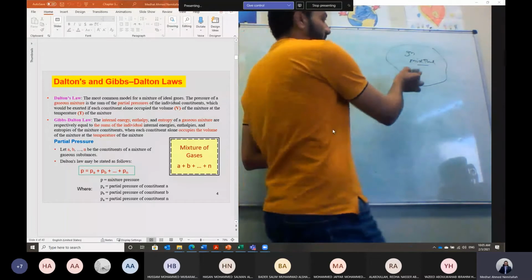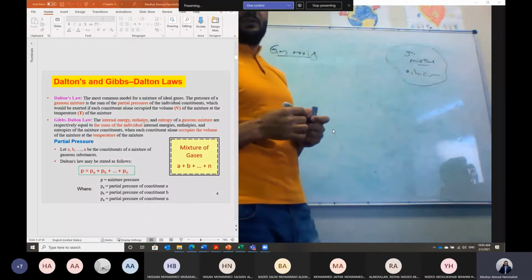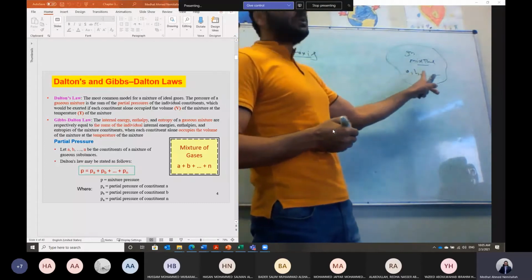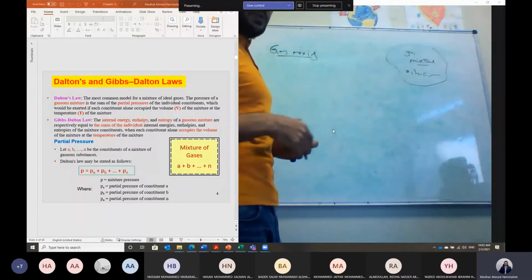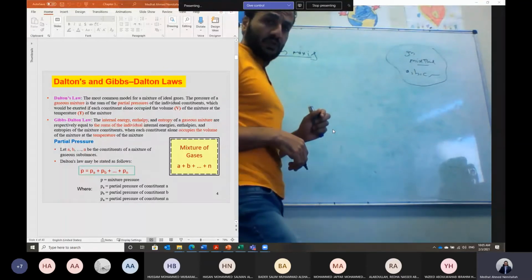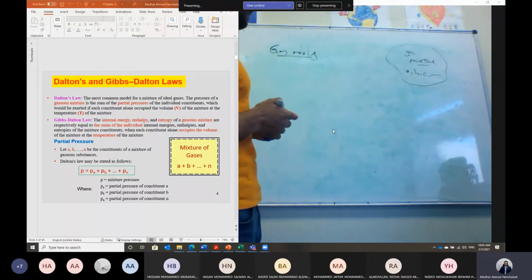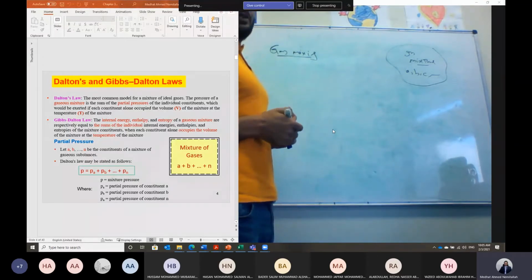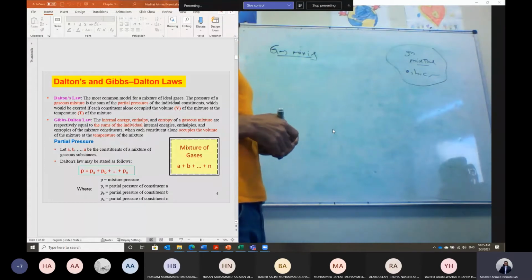So let's consider we have a gas mixture inside a container consisting of different species: species A, B, C, and so on, whatever the number of species. In order to calculate the properties, we first have to know how to calculate the total pressure of this gas mixture.